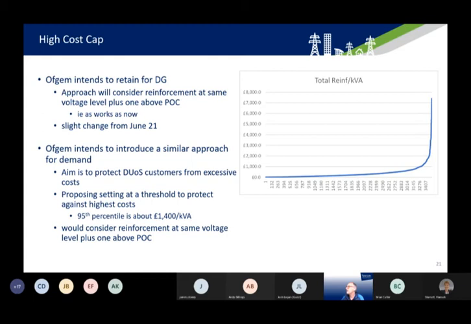Alan, understanding will provide you. It's basically if the capacity that somebody requests needs it to be 3-phase, then that's fine. There'd be a 3-phase connection, and any reinforcement would be funded by the DNO.